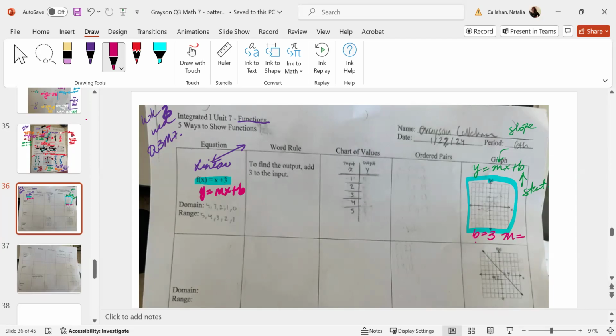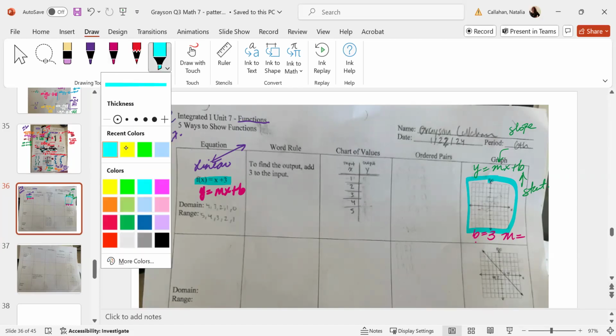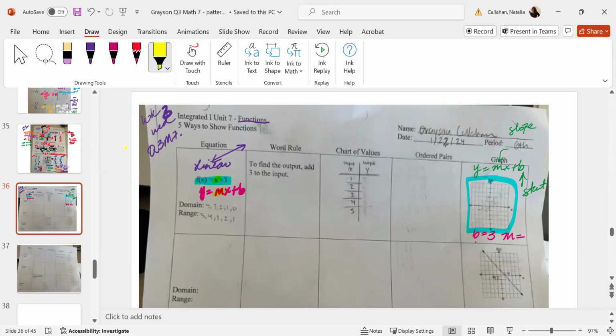What's the number in front of the x? What is the number that's in front of that x? There's a number in front of this x. It's not 0x.